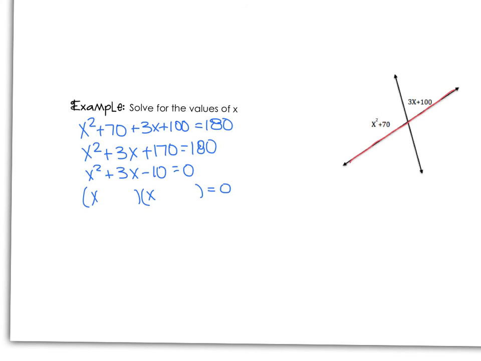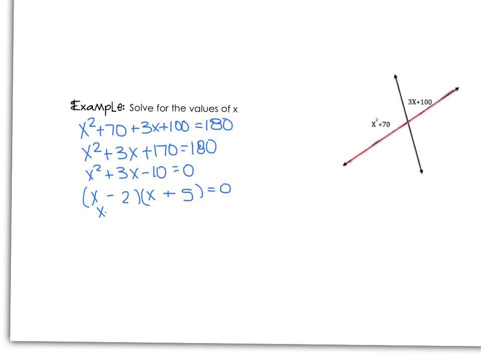Okay, remember you want factors that multiply together to get 10, but add together to get 3. So if you take 2 times 5, you get a positive 10. So one of them needs to be negative. And if you have a negative 2 plus 5, you get a positive 3 when you add them.